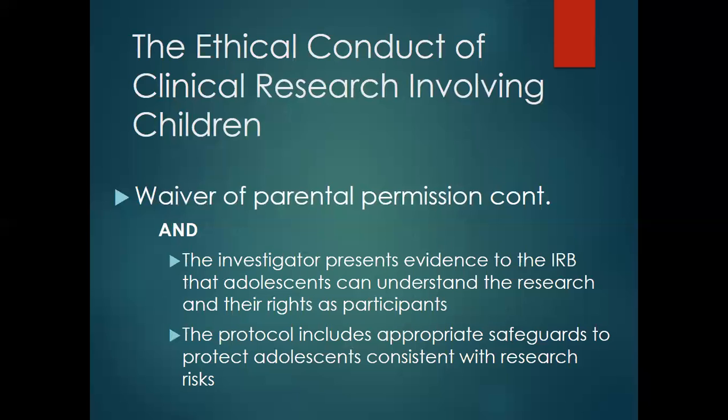Now let's go to the other side, where you may have someone who's in their late teens, let's say 17, 18. And there's a clinical trial that's being done for, let's say, a new type of hepatitis that has just been discovered that is becoming prevalent in 17 and 18-year-olds.